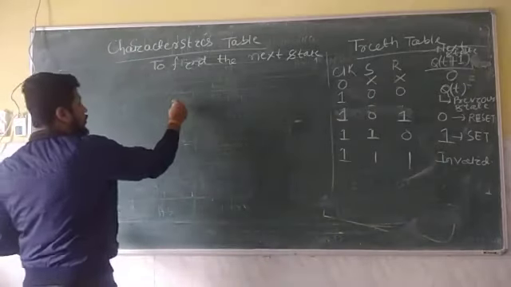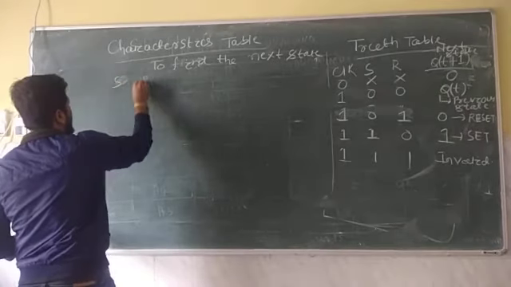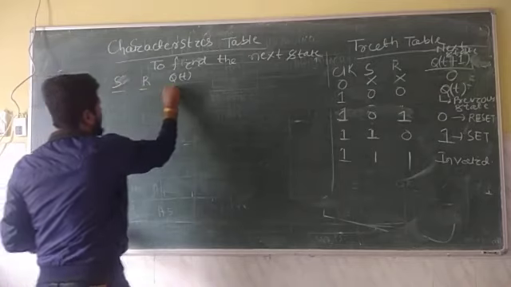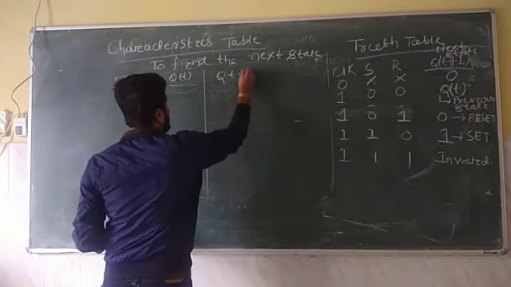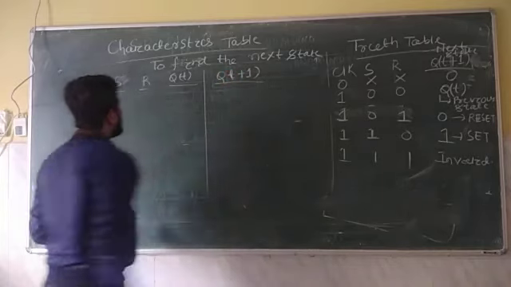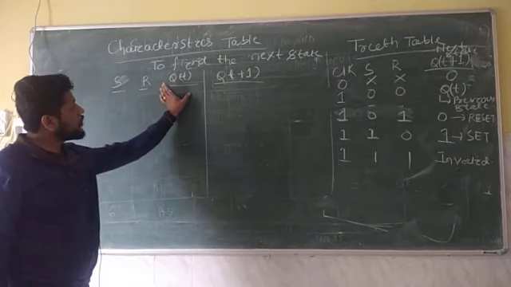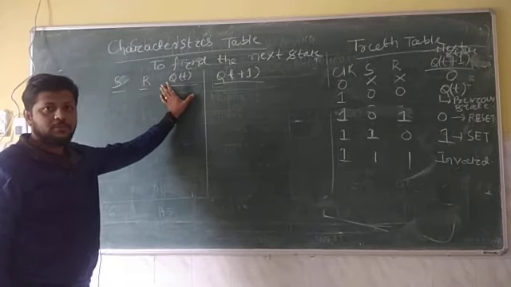So I am going to write here we have S, R, Qt and we have Qt plus 1. This SR is your input, Qt is your previous output, that is previous state.